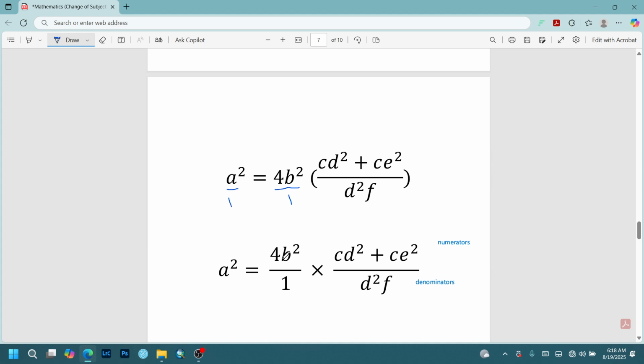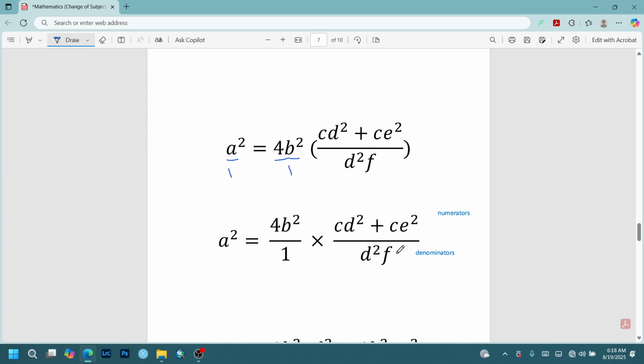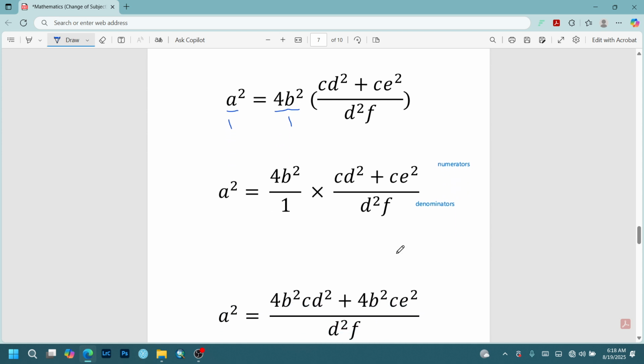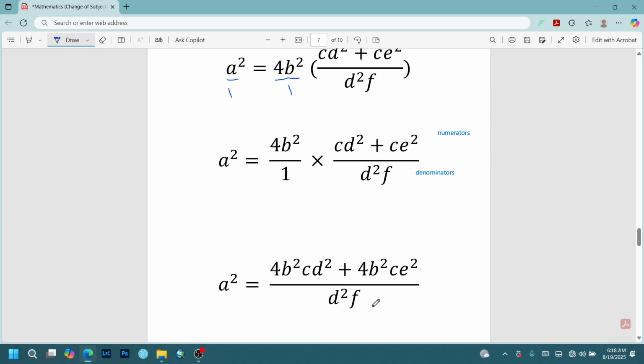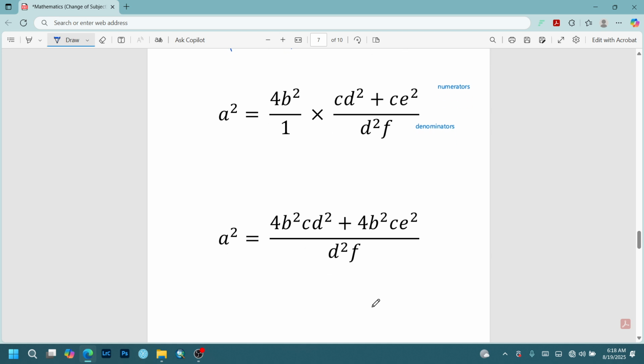So 4b squared multiplying cd squared plus ce squared gives us 4b squared cd squared plus 4b squared ce squared. 1 multiplying d squared f gives us d squared f. So we have our a as the fraction 4b squared cd squared plus 4b squared ce squared over d squared f.